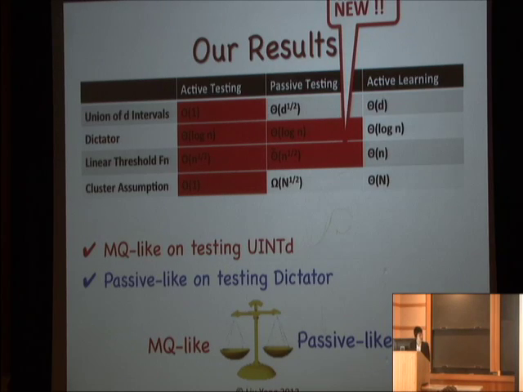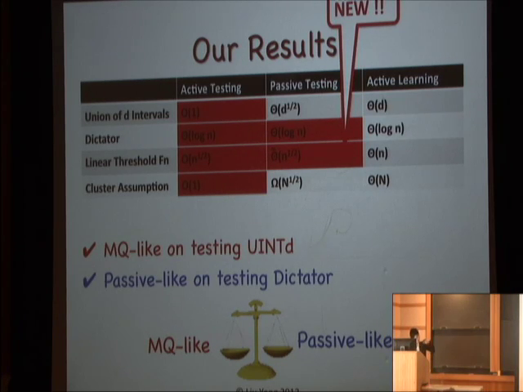I summarize these results in this table. For union of d intervals, the first row, active testing uses a number of queries independent of d. This is cool because learning requires a number of samples linear in d, because the VC dimension is 2d for union of d intervals, and passive testing requires square root d.